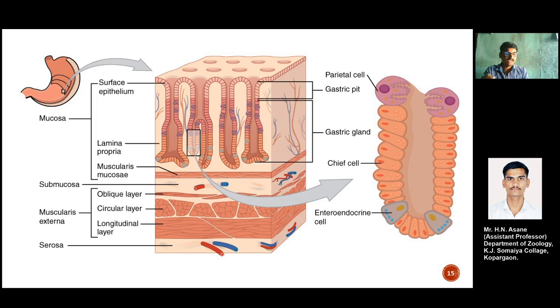The endoplasmic reticulum, mitochondria and Golgi apparatus are the cell organelles involved. After release, the pepsinogen is converted into the enzyme pepsin, which gives the pepsin secretions.